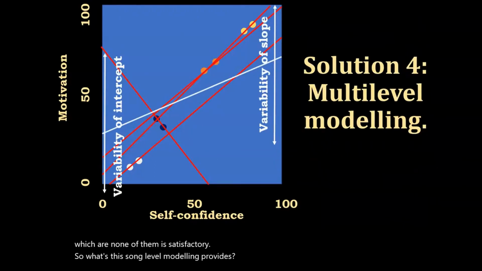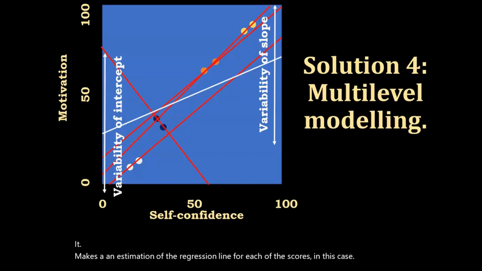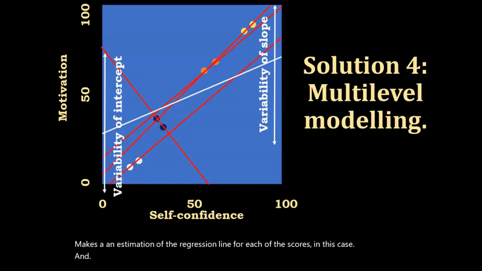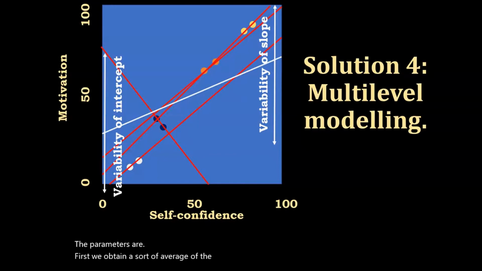Well, basically it makes an estimation of the regression line for each of the schools in this case, but these are not the parameters that are going to be used in the model. The parameters are, first, we obtain a sort of average of the intercepts of the linear model.